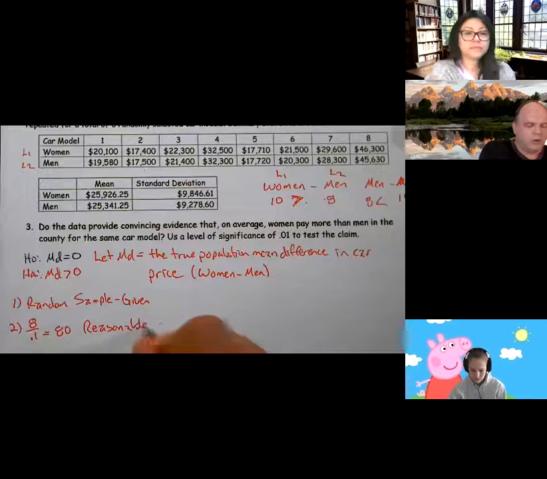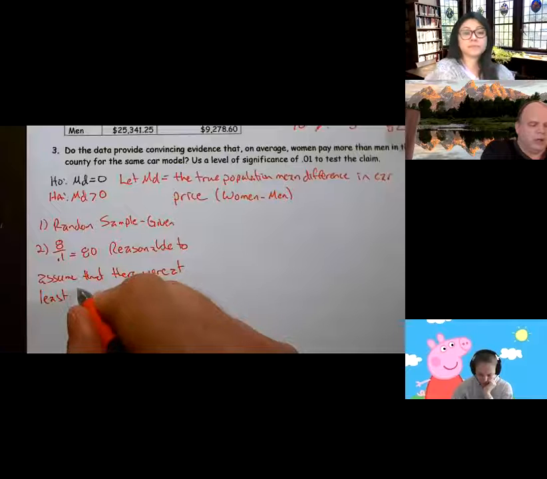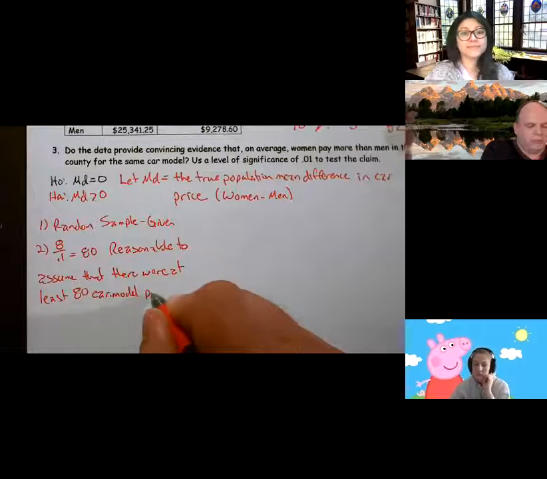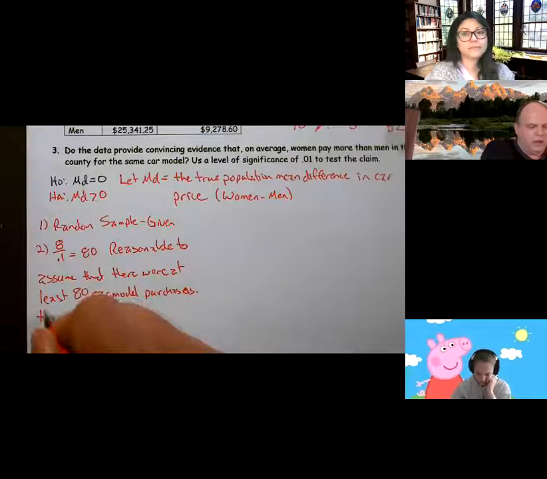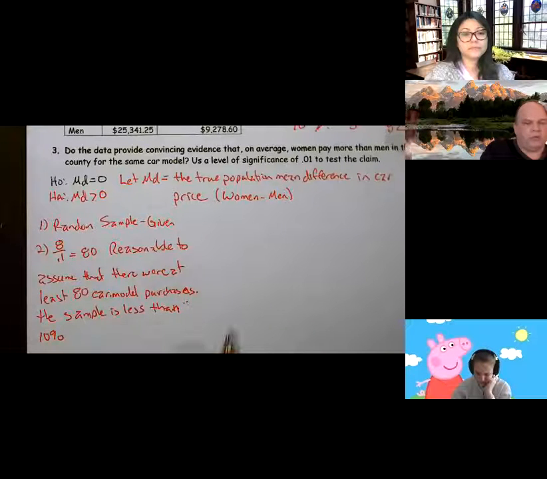Reasonable to assume that there were at least 80 car model purchases. The sample is less than 10% of the population.